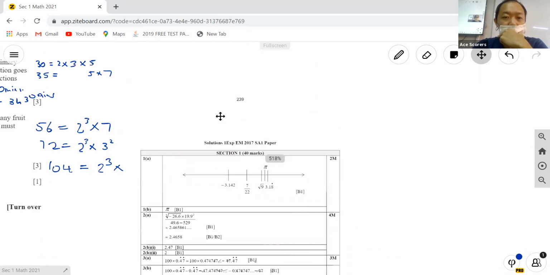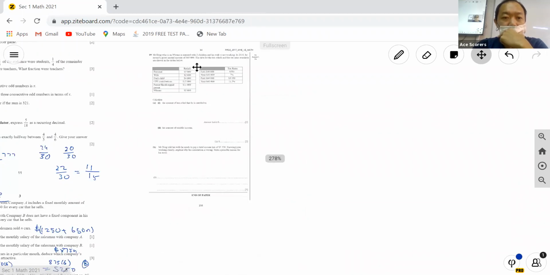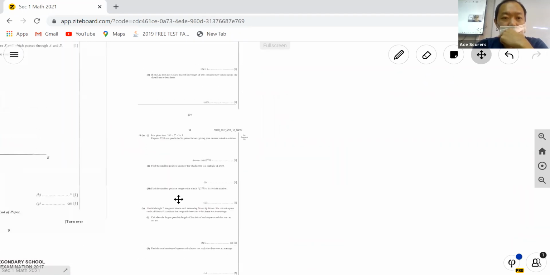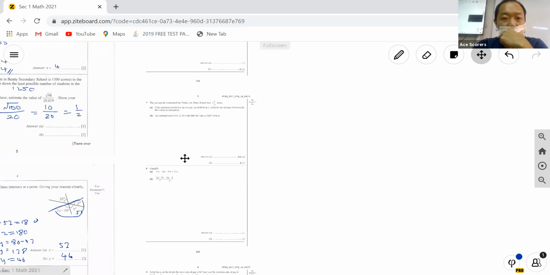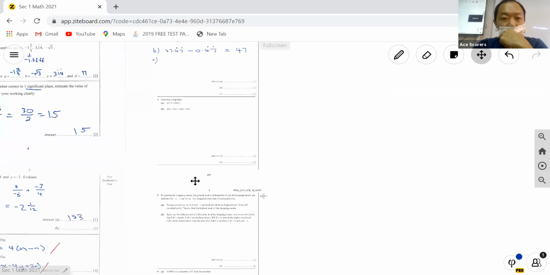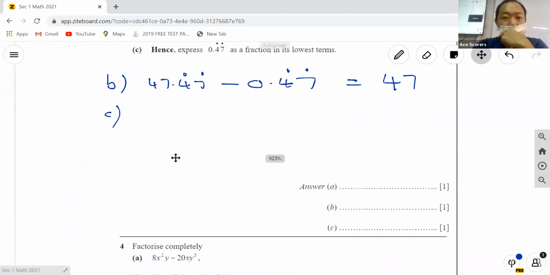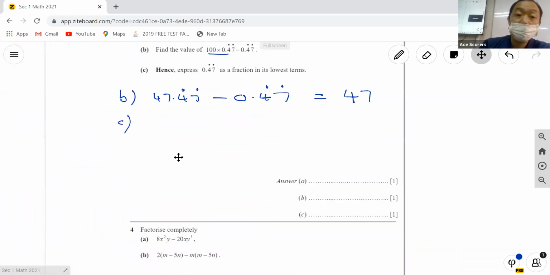Oh, they say hence. Hence means you have to follow from the equation that they give you. So we're going to start from here.